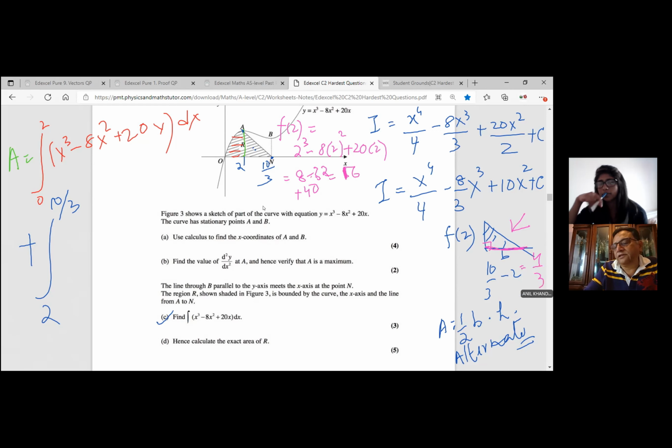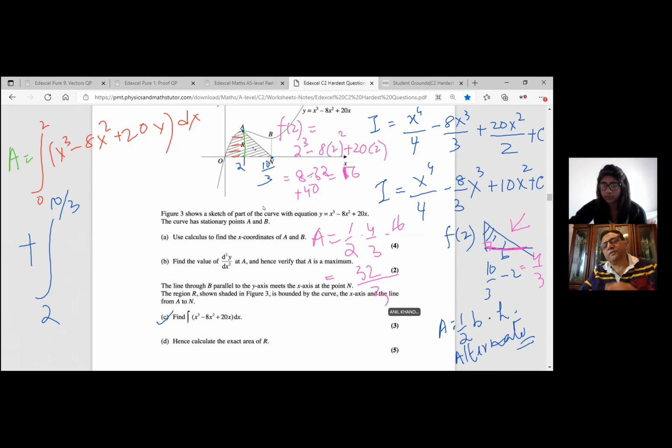So we can find the area using the triangle. Let me write down that area equals half of base, which is 4 over 3, times the height, which is 16, right? So let's calculate. So we're doing the area of the triangle. 32 over 3.